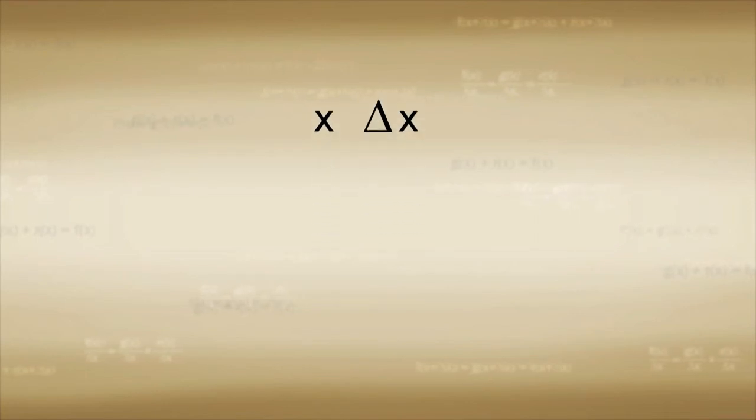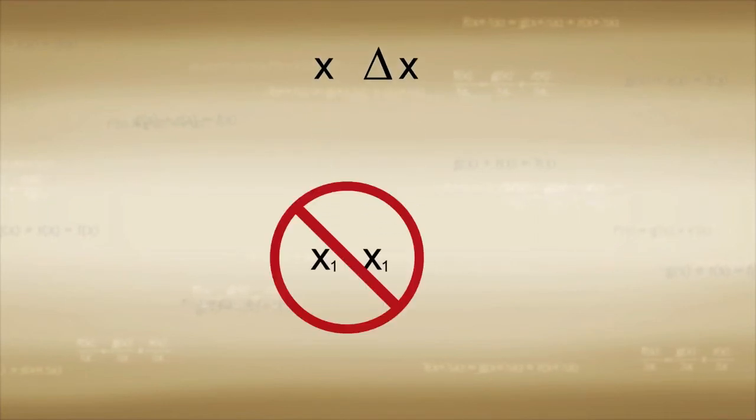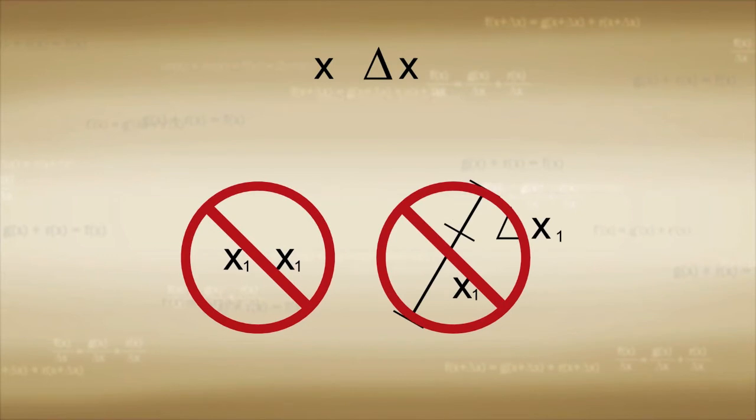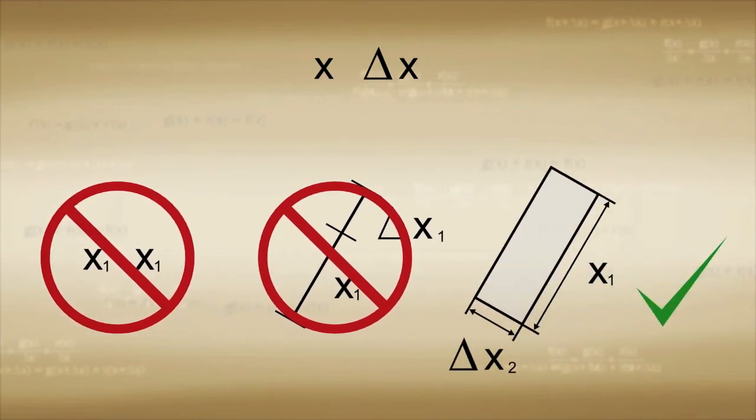Furthermore, there can't be duplicate uses of the same dimension in the description of the volume, or the use of x and delta x of the same dimension in the description of the volume. These properties force us to conclude that if a volume isn't composed of the x side of a particular dimension, then the delta x side of that dimension must be used.